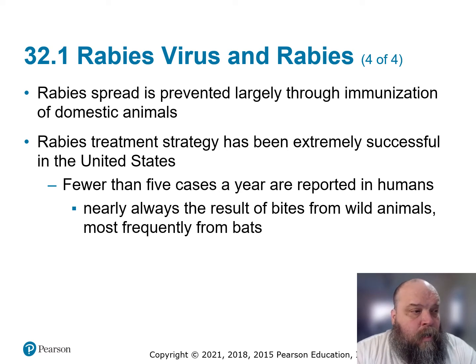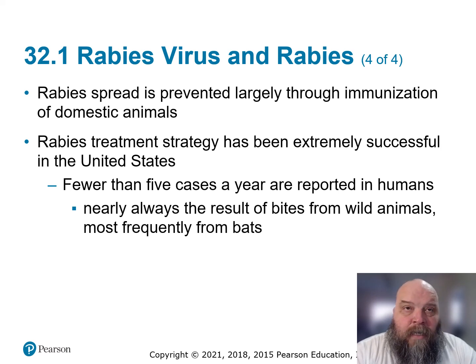Here's the kicker. Untreated, it's 100% fatal. This is actually the most deadly viral infection there is, the most deadly microbial infection there is. It's 100% fatal. Fewer than 5 cases a year in humans, thankfully, here in the States.